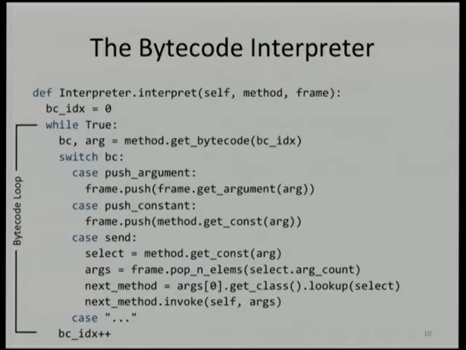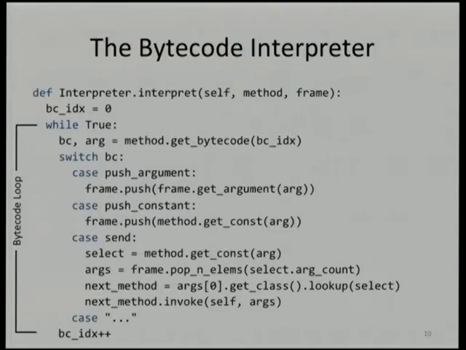So I basically showed you now how to interpret such a bytecode sequence based on the factorial program. The implementation of that is also more or less straightforward. So we have here in a kind of Python syntax, because that's actually more or less the RPython interpreter I implemented. And you see here the interpret method. You get a message you want to interpret.